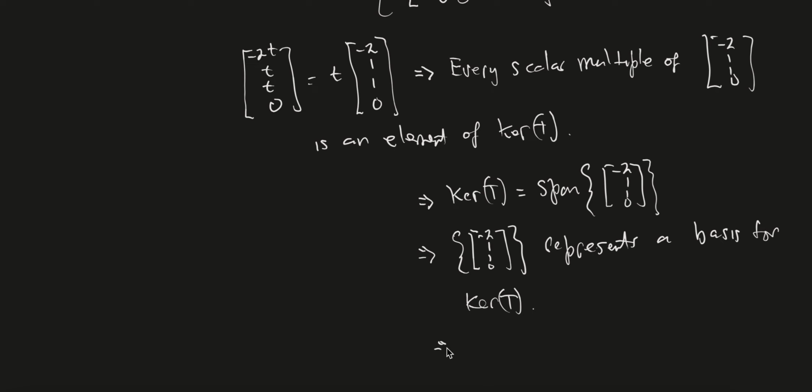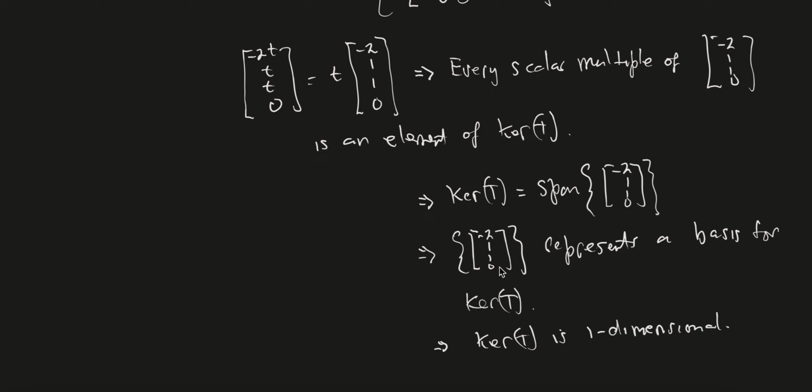So this implies that the kernel of T is one-dimensional. If you think of something that's one-dimensional, you'd think of it as a line.